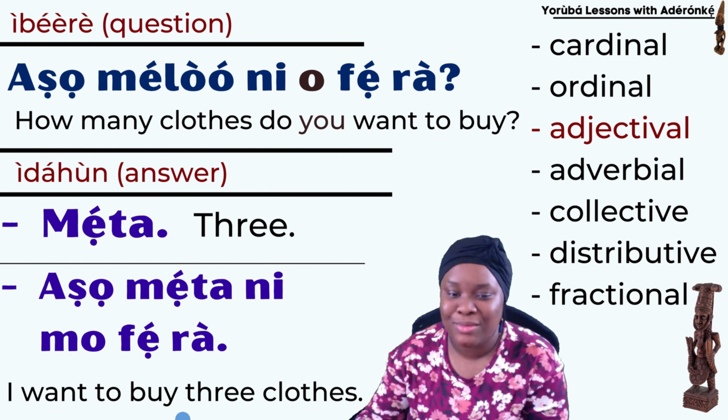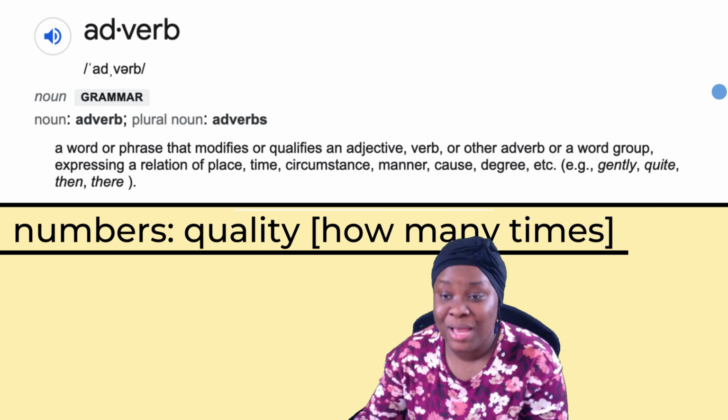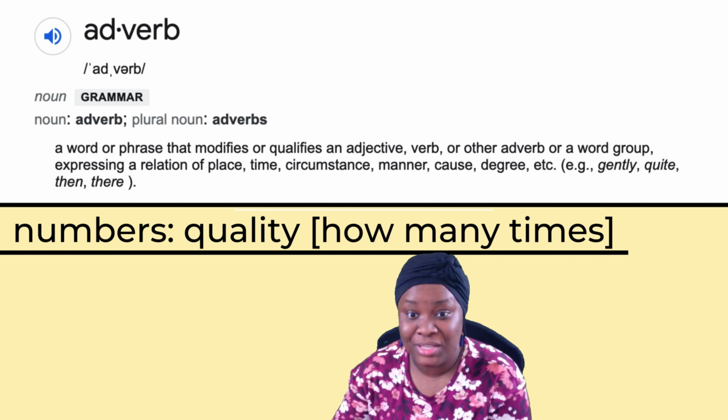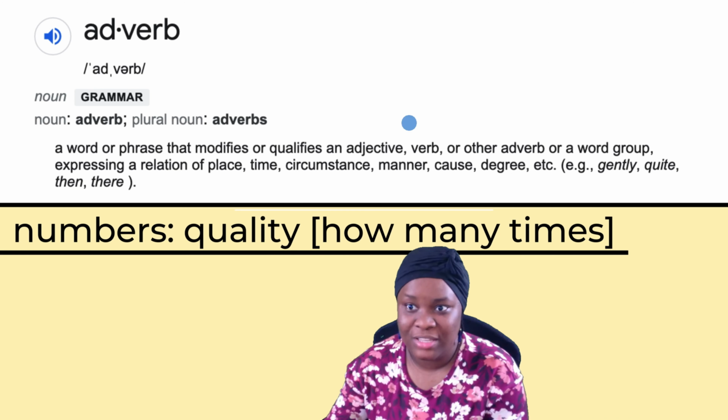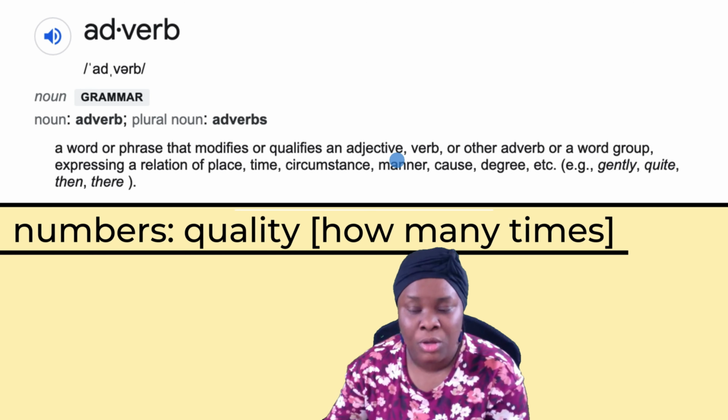I want to buy 3 clothes. Mẹ́ta, 3. In the adverbial context, how many times is what you would be answering or giving information about. Not just how many now, it's how many times. You're qualifying the adjective, verb or other adverb or a word group expressing a relation of place, time, circumstance, manner, degree, and so on.